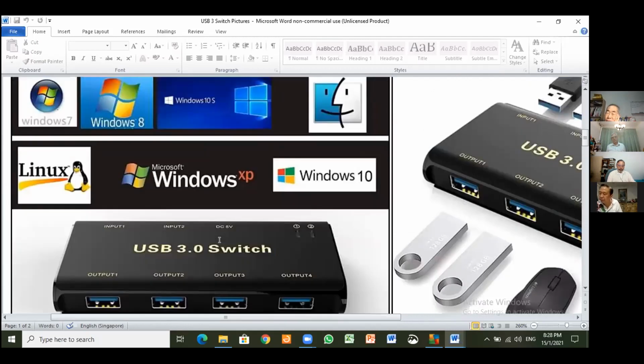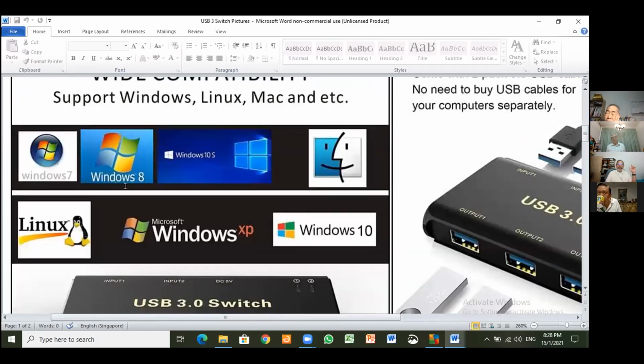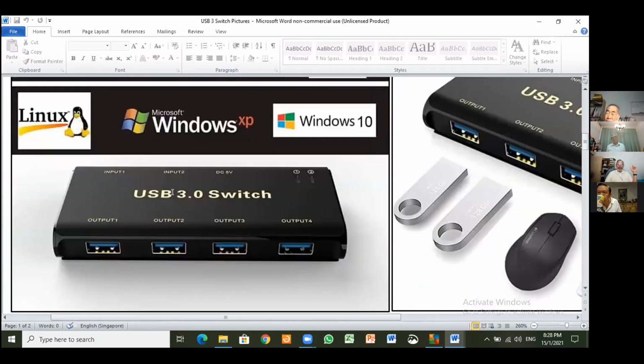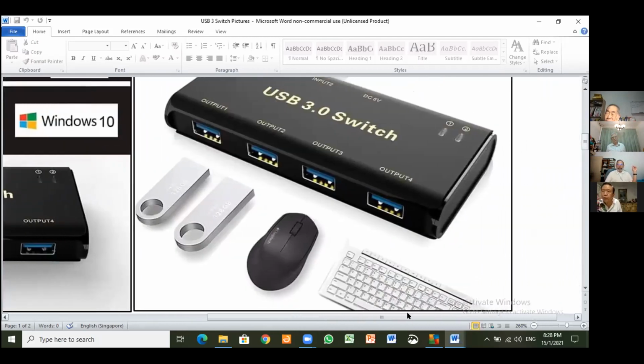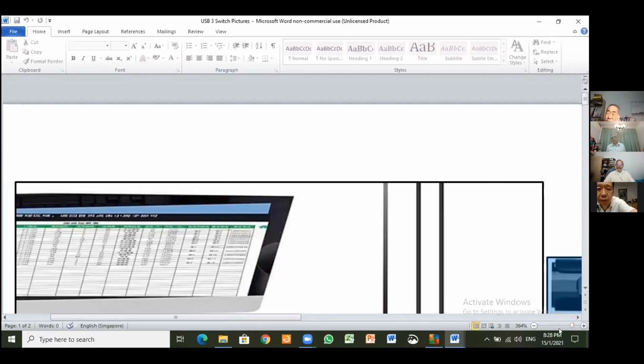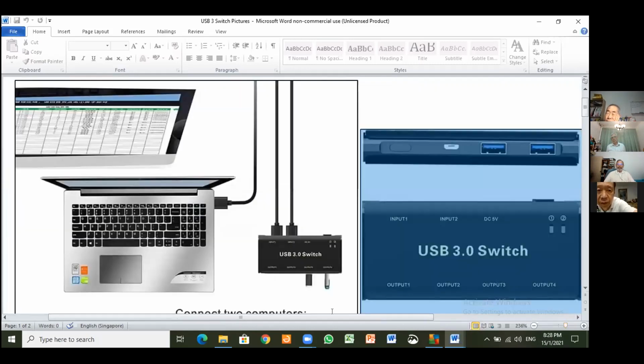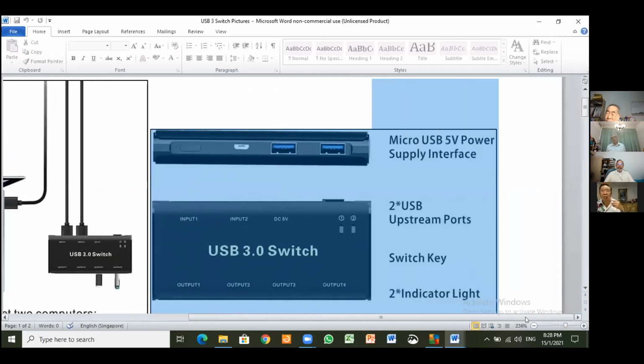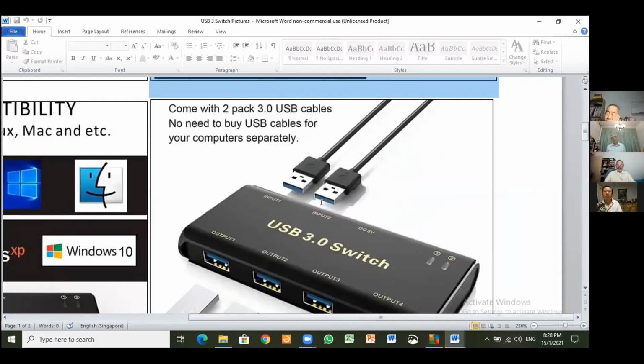Maybe most of them are able to support Windows 10. Linux also can.